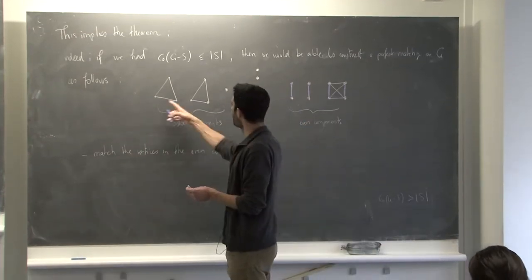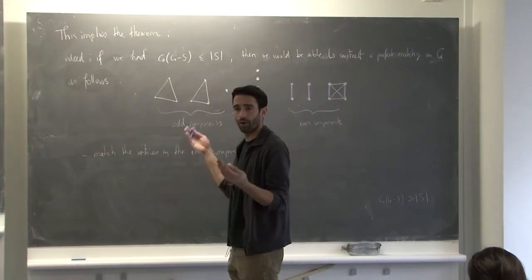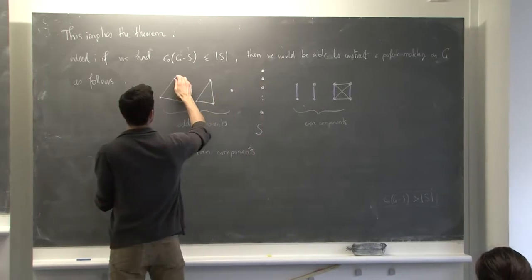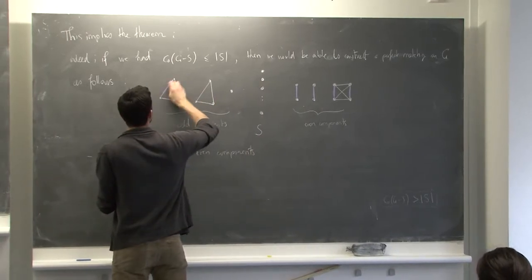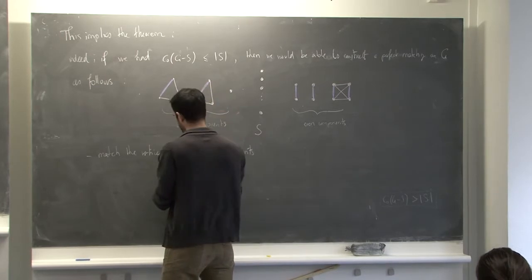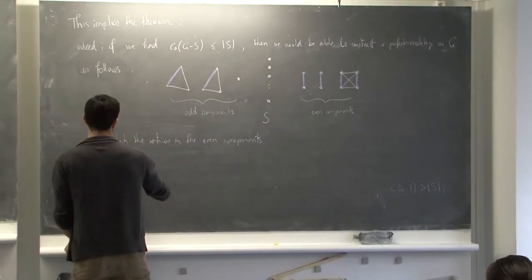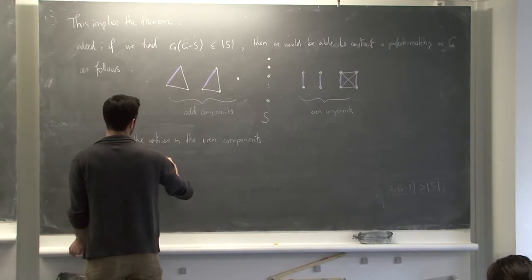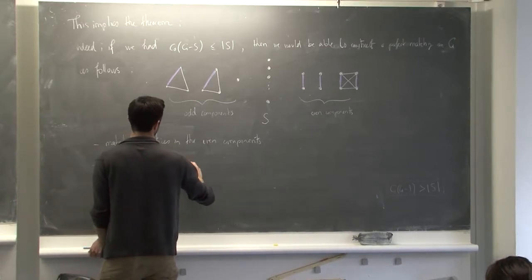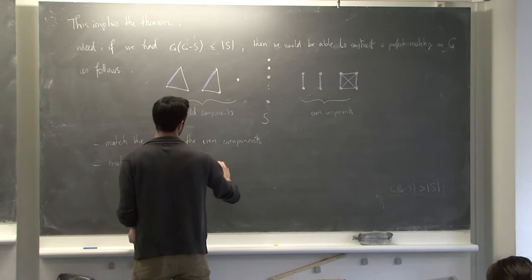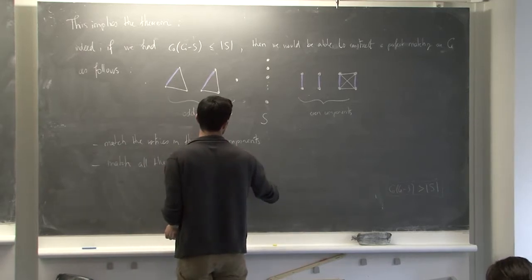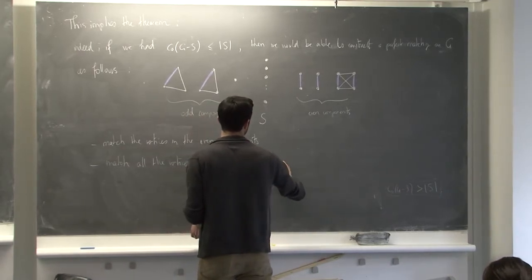Then in the odd components, we match all of them but one. Match all the vertices but one in each odd component.